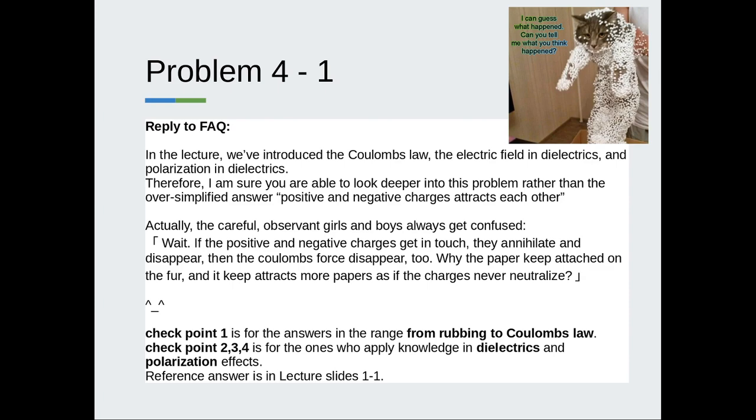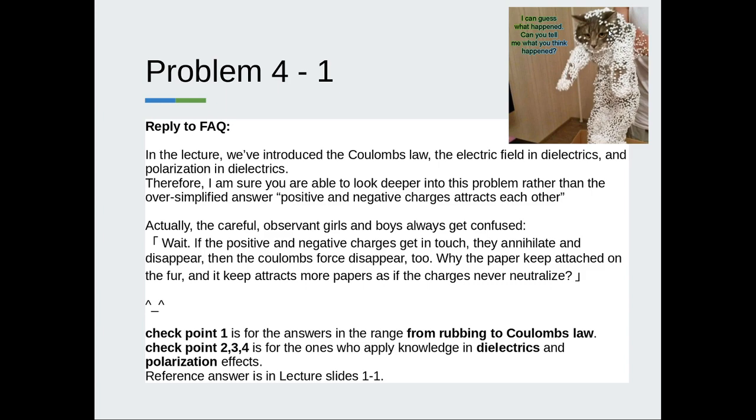I think this question is quite common from those boys and girls who are very observant. 就是一些观察力很敏锐的小朋友，通常就会问你一个问题，他就会问说，So if there are positive charges on the little fragments, and negative charges on the cat, when positive and negative charges get in touch with each other, they should disappear, isn't it?